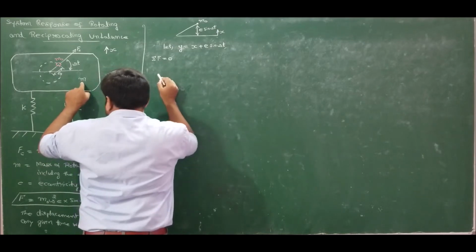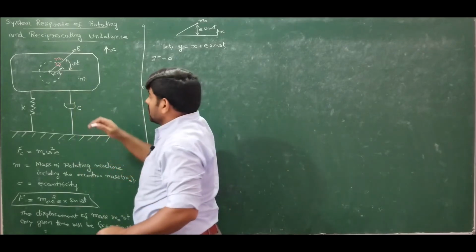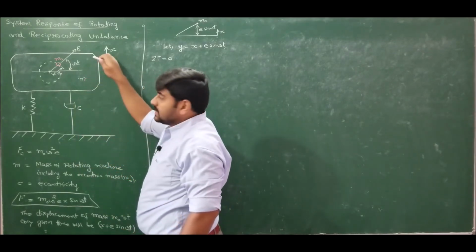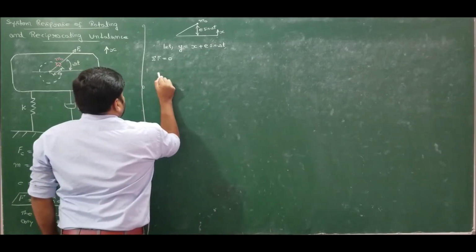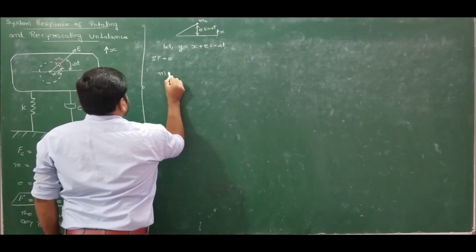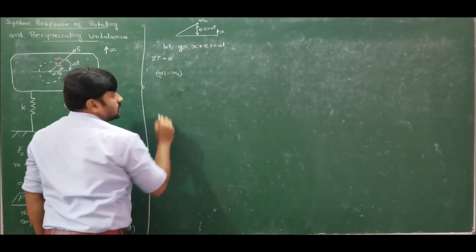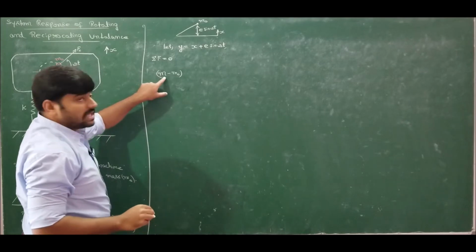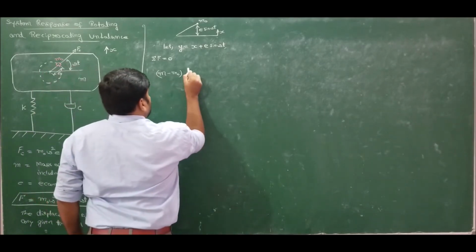Mass m is nothing but the mass of the rotating machine including m naught. But the mass m is displaced by x, whereas m naught is displaced by y. So the inertia force of the machine displaced by x will be m minus m naught, because m is including m naught. So remove m naught from it.